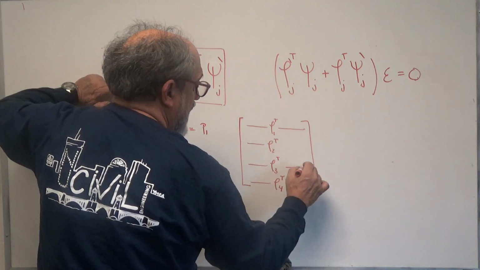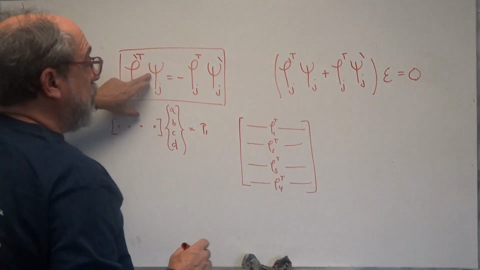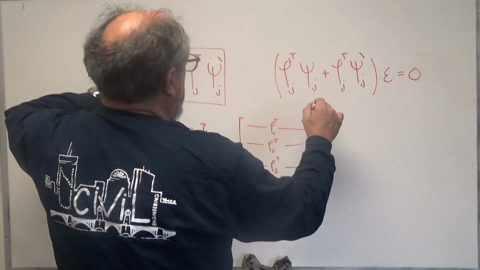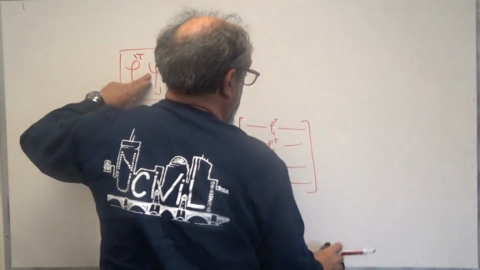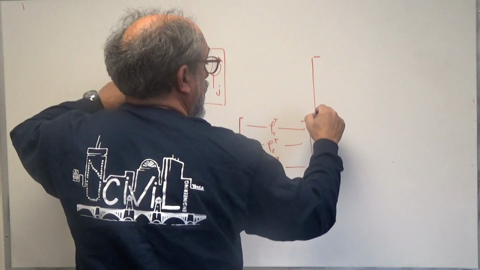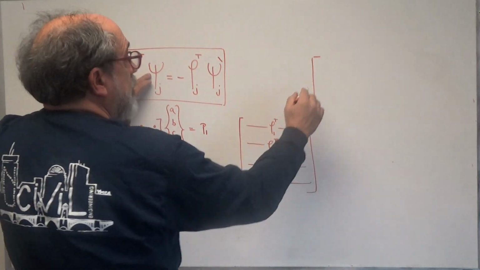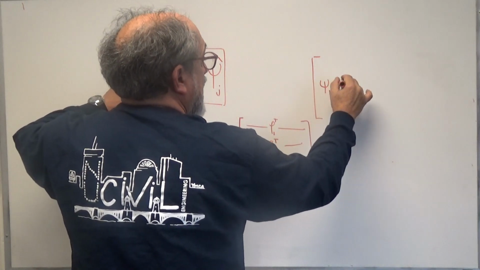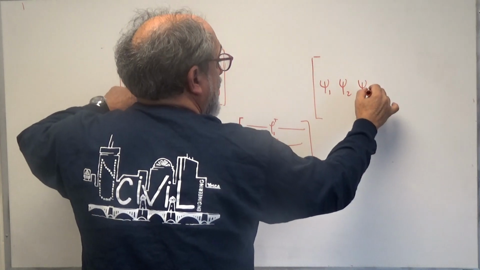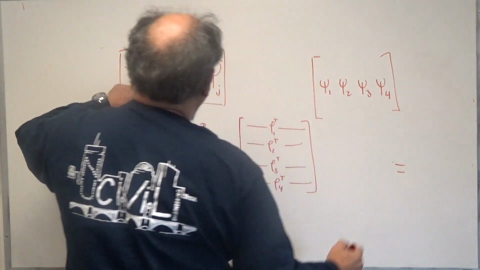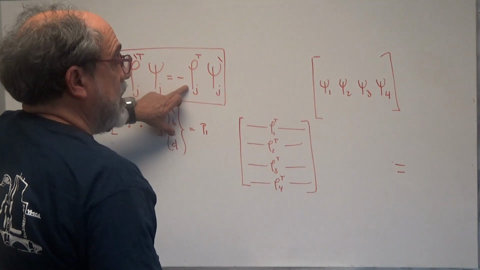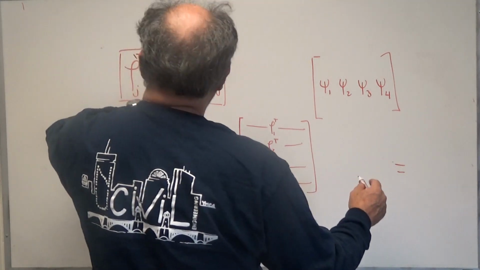So I would have something like this. This matrix would then be multiplied times the matrix. I always put the matrix on top so I can see the order. It would be multiplied then by phi1, phi2, phi3, and phi4, right?